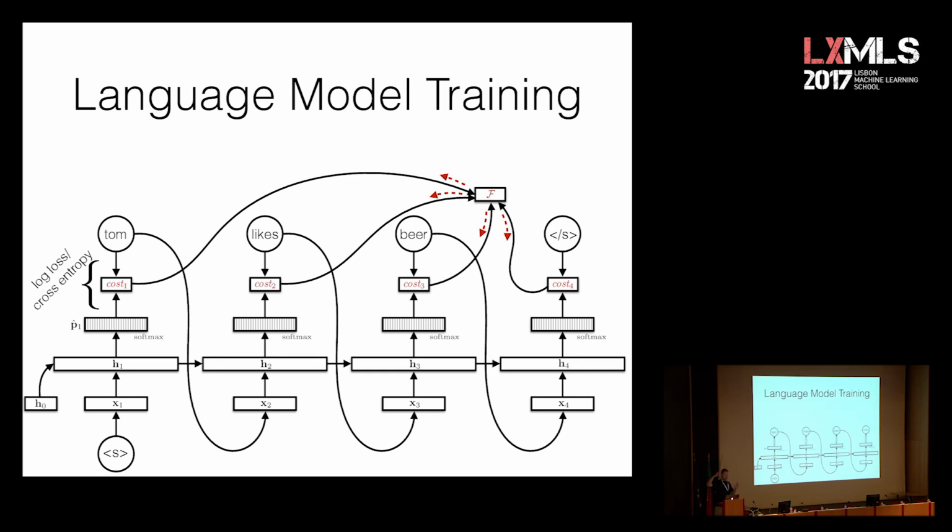And there are going to be a whole bunch of these things, and we're going to want to estimate the parameters of this model such that the likelihood of the corpus is maximized, or another way of saying it is the cross entropy between the empirical distribution of the sentences in the corpus is minimized with respect to the model's distribution.